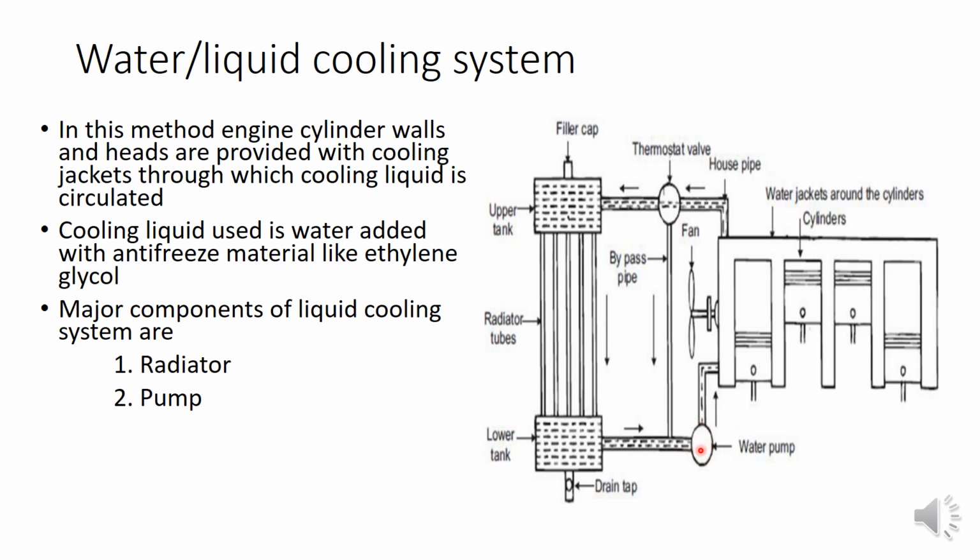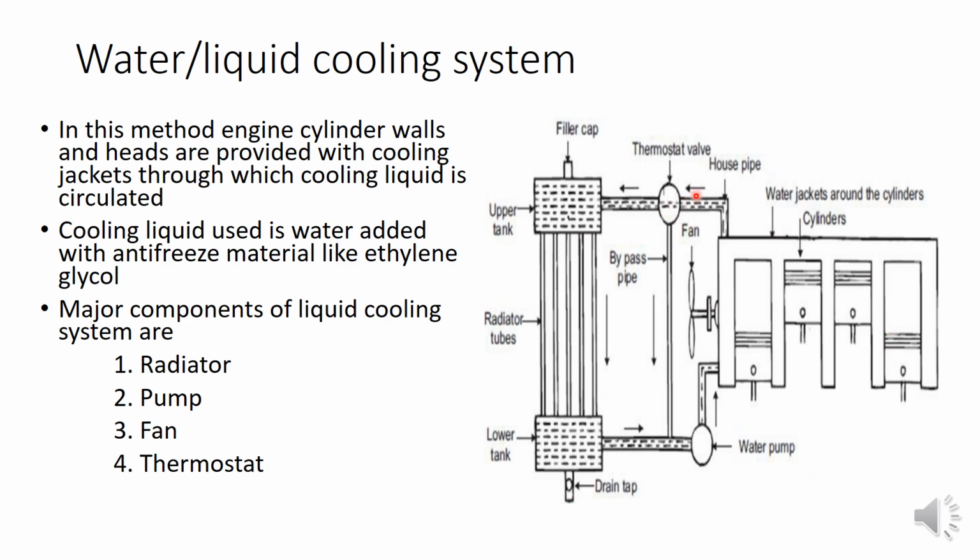And we have a pump here for circulating water. We have a fan also for the movement of air. And finally we have a thermostat here, which is a small valve. This one is known as a thermostat. So these 4 components are necessary for a liquid cooling system.